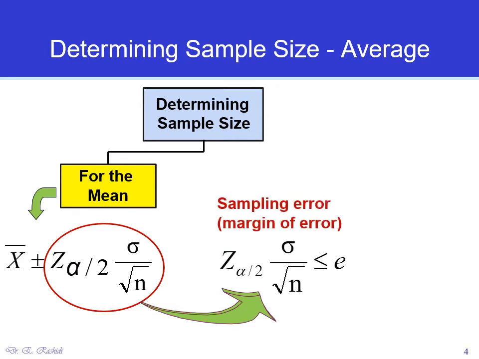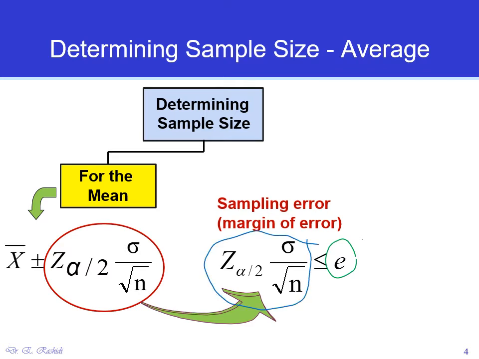So the sampling error or the margin of error should be less than E. E is the given margin of error that your boss, for example, has asked you to meet. So he would ask you, okay, build a 99% confidence interval with a margin of error less than E. So E is a value. This means that your margin of error must be less than E.